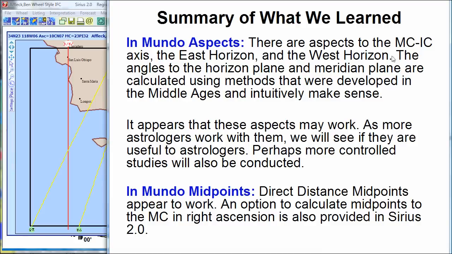When you do in Mundo aspects, you have an aspect to the midheaven, to the ascendant, and the descendant. Or if you prefer, you could call it to the meridian plane, to the east horizon, and to the west horizon. The angles to the horizon plane and the meridian plane are calculated using methods that were developed in the Middle Ages. That's, you know, interesting. And they intuitively make sense.